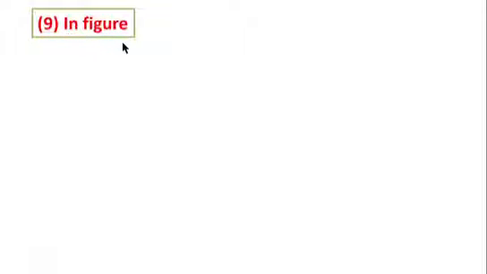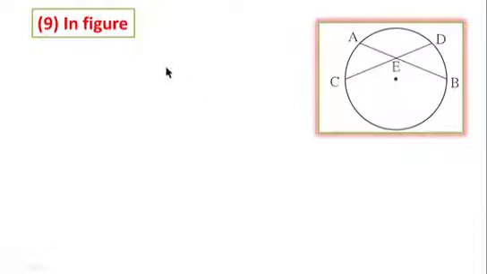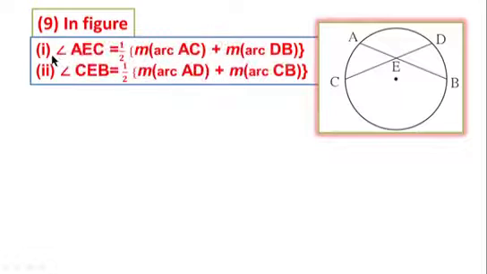9th, in the figure, see this figure. First, angle AEC is equal to 1/2 measure of arc AC plus measure of arc BD.